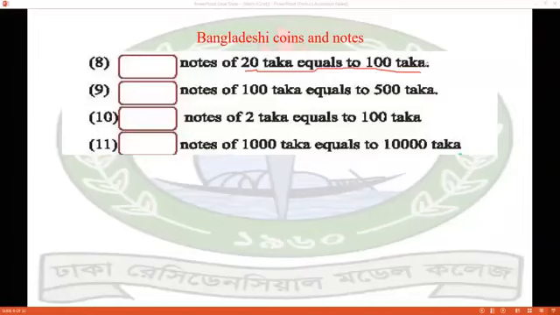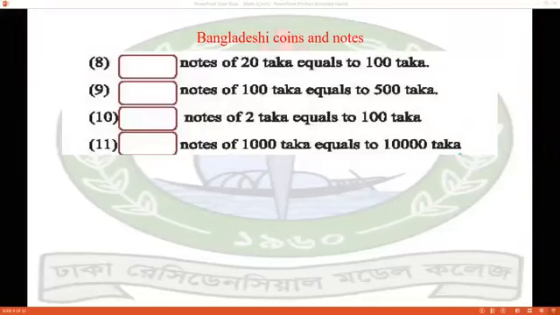When you have to find out the number of notes, you do not find it by simple multiplication or addition processes. Here you have to use the division process.